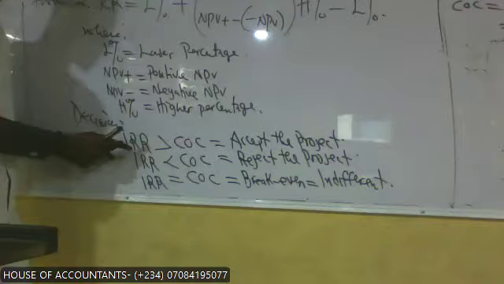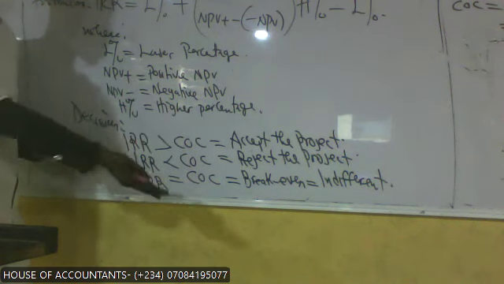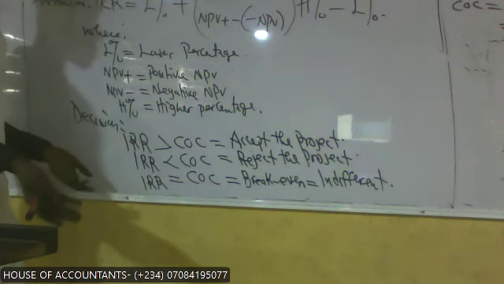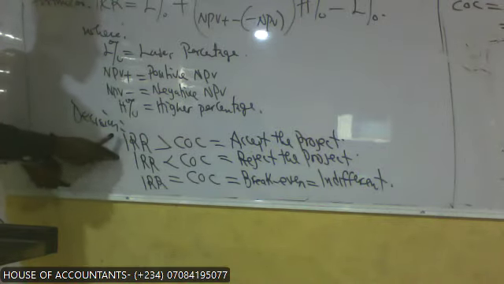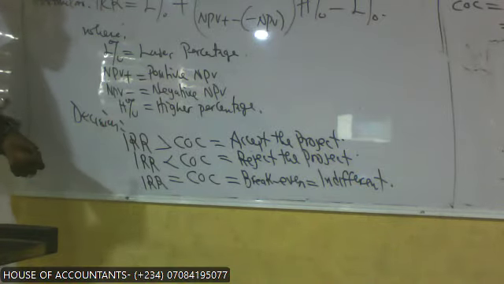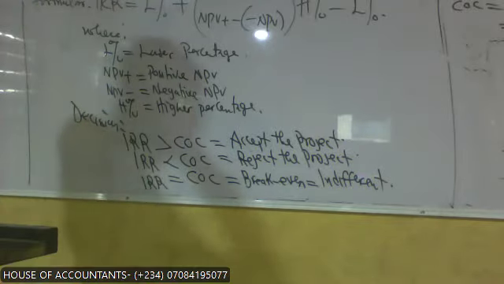If the IRR is less than the WACC, that means the company will not be able to pay the equity holder and debt holder. That project is a loss project. So it should be greater than, because this is the maximum amount that the investors are expecting to get. That is the explanation there.